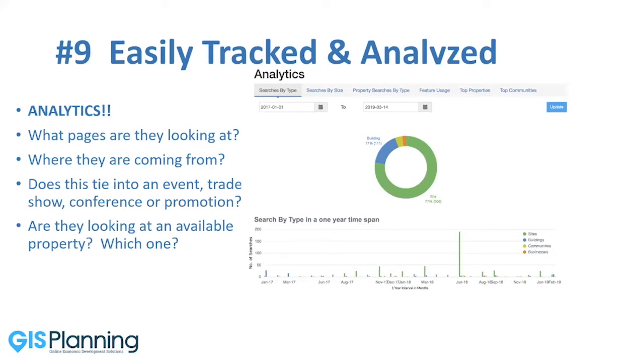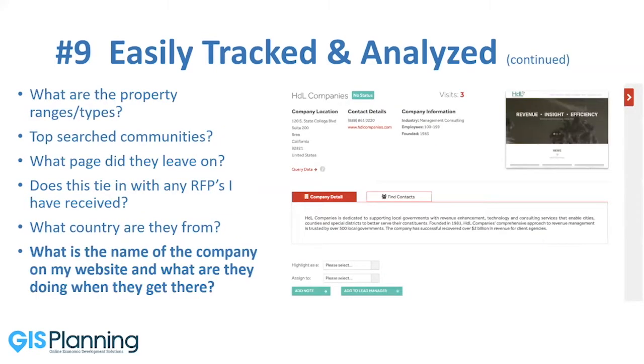Does this tie into some event or some marketing campaign that you did? What are they looking at? Who are they? Again, this is one of those things where I think from an economic development standpoint, it's one thing to build the website and have the forward-facing piece, but using the analytical components of the application, the back-end stuff, the stuff that only you can see, is very important. So use this as a tool to be able to continue your business development efforts.